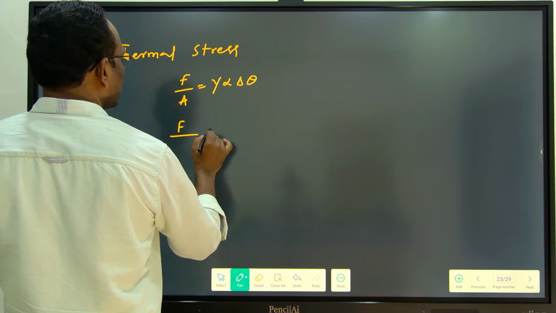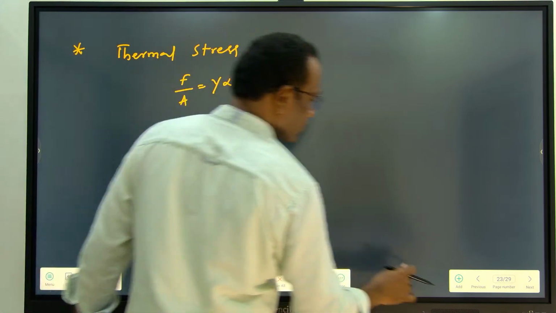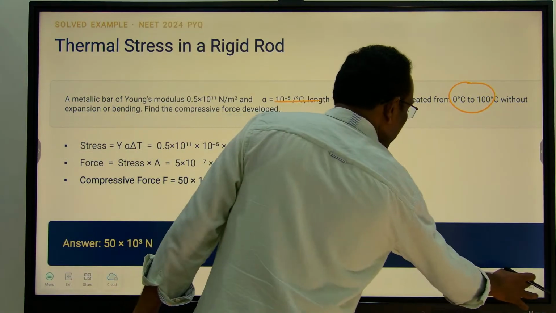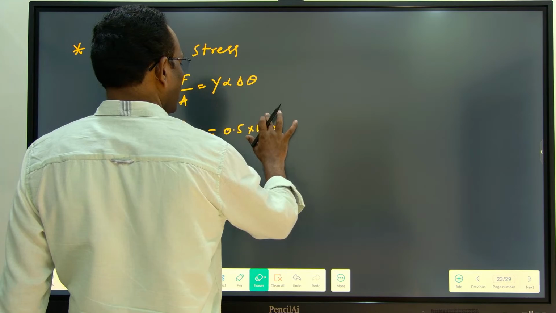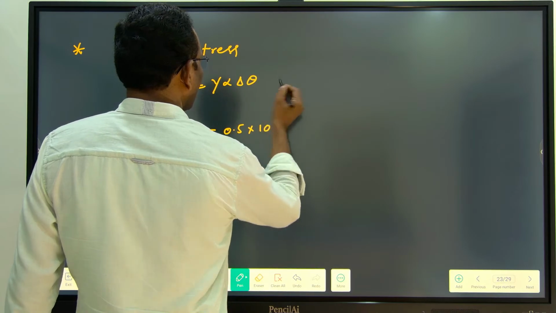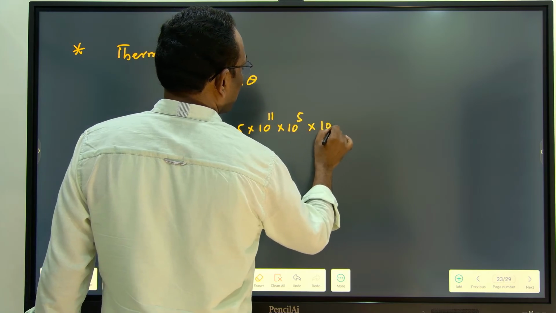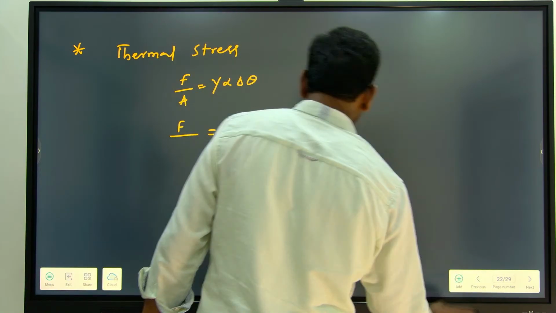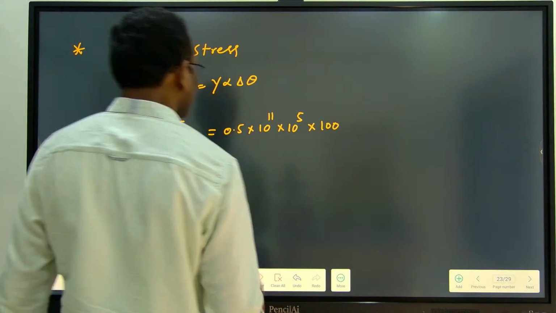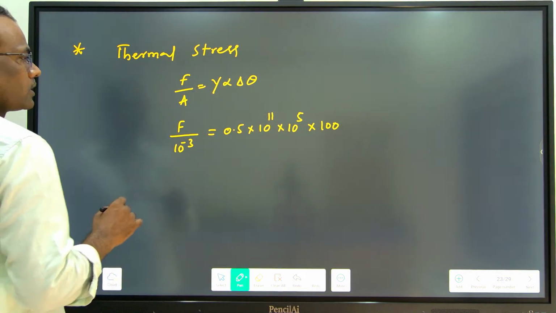F divided by A equals 0.5 into 10 power 11, the Young's modulus. Alpha value is 10 power minus 5. Change in temperature is 100. A value is given, 10 power minus 3. So cancel it.